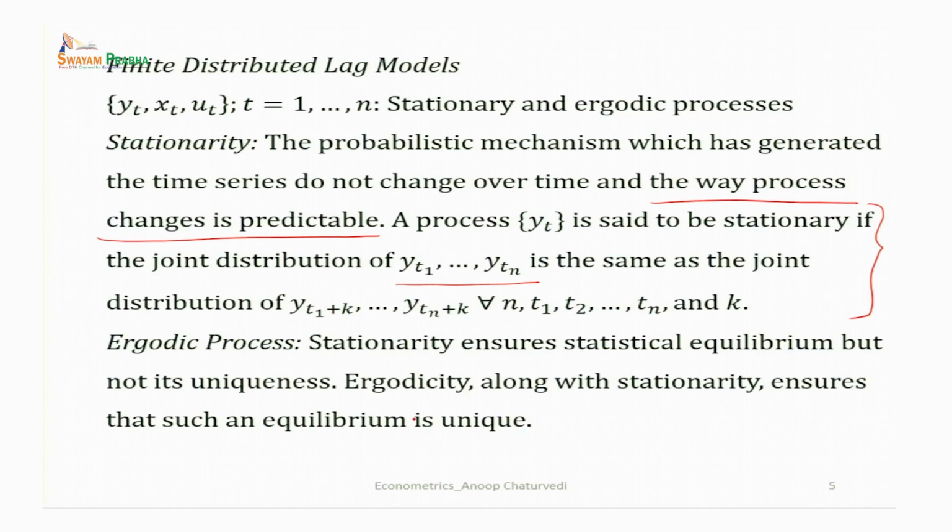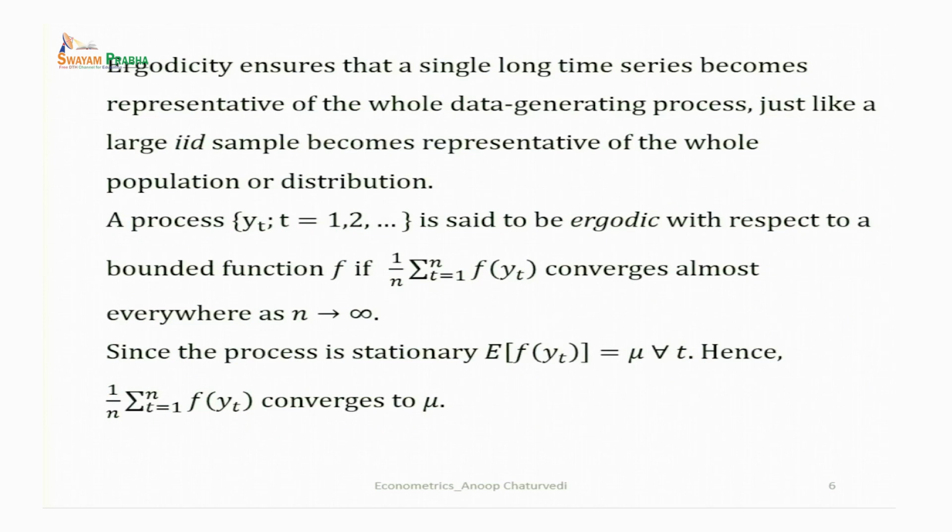So, you also require this condition. The process is not only stationary, but you also want to ensure that it approaches a unique equilibrium state, and this is the purpose of defining ergodicity. So, ergodicity ensures that a single long time series becomes representative of the whole data generating process, just like a large IID sample becomes representative of the whole population or distribution.